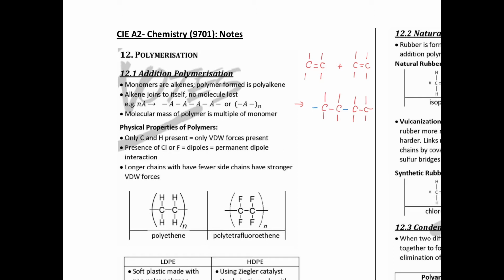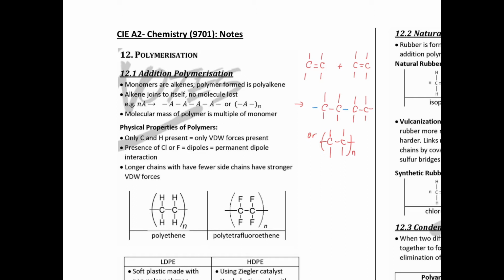So if you don't want to draw in that way, there is another alternative here. So we can draw in this way. Okay, so this is another way to represent the polymer. And for the reactant also, if you don't want to draw monomer plus monomer, you can also draw like this.